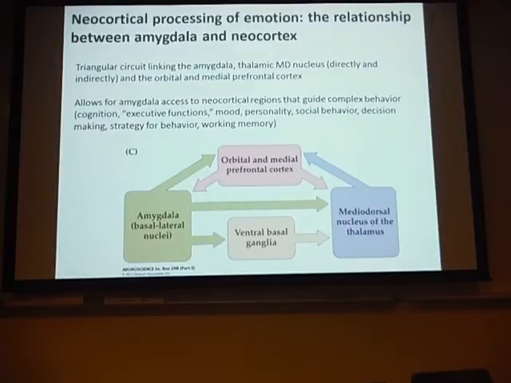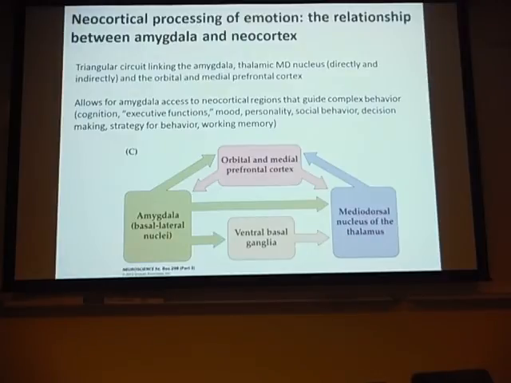The thought is that these structures and this circuit, if you want to call it that, but these relationships are particularly important because these two structures, the amygdala and the prefrontal cortex, really work together to guide higher level emotional behaviors.